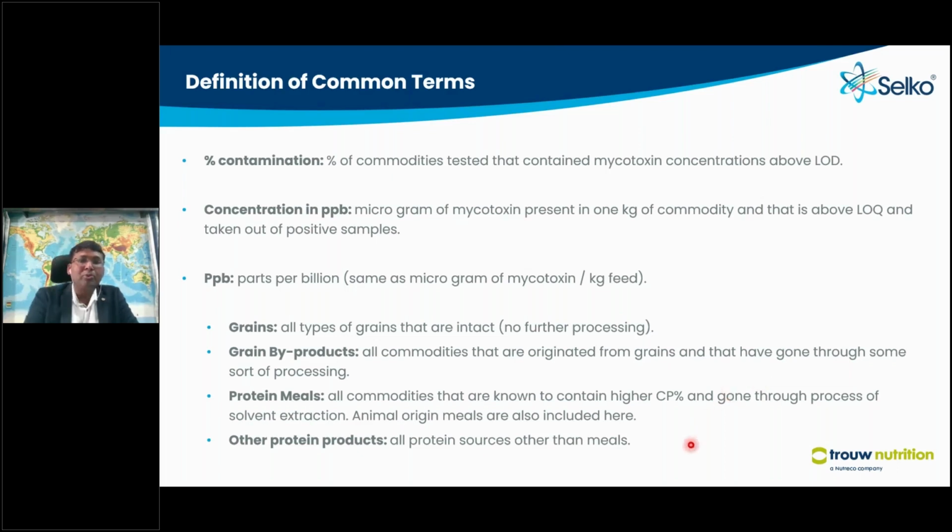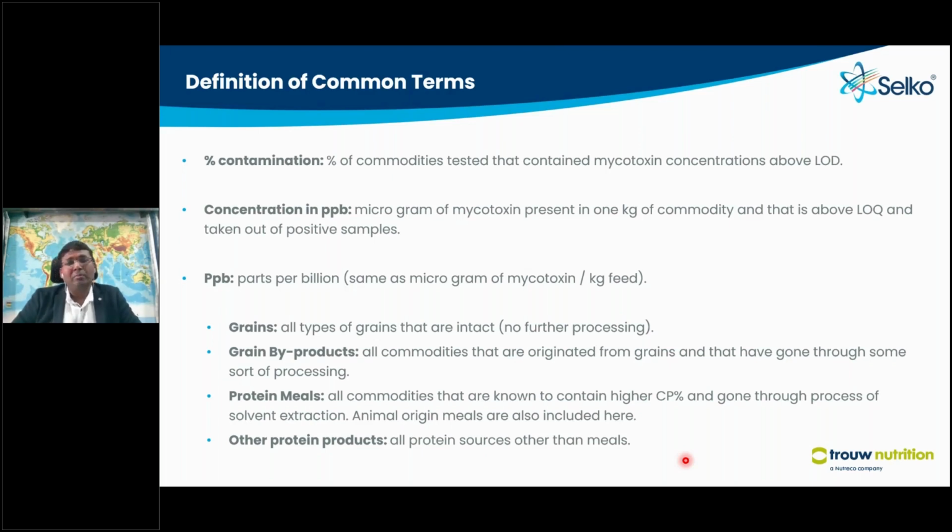And then other protein products: sometimes we use whole peas or groundnut and some others which are not really extracted using solvent. I keep them in other protein products. You might wonder why I am doing this. It is because, depending upon the type of the portion of grains and proteins represented in that particular commodity, the mycotoxin level changes.